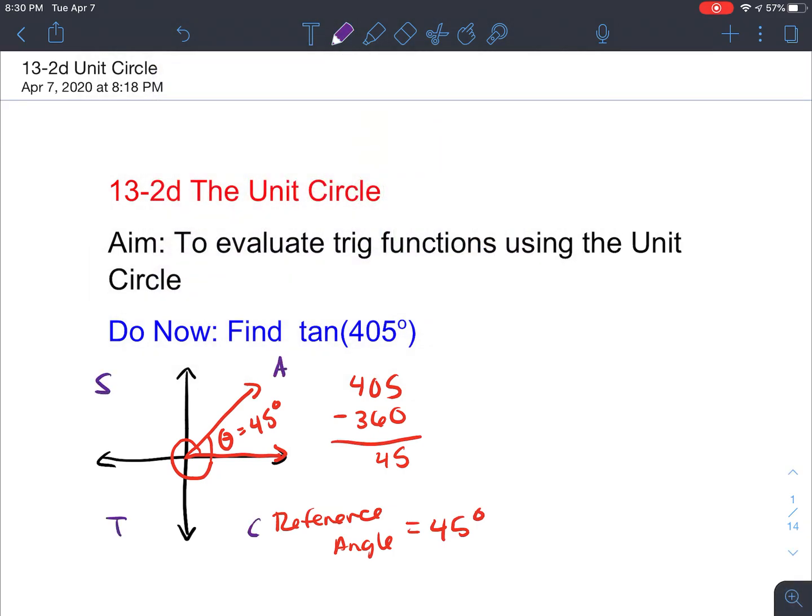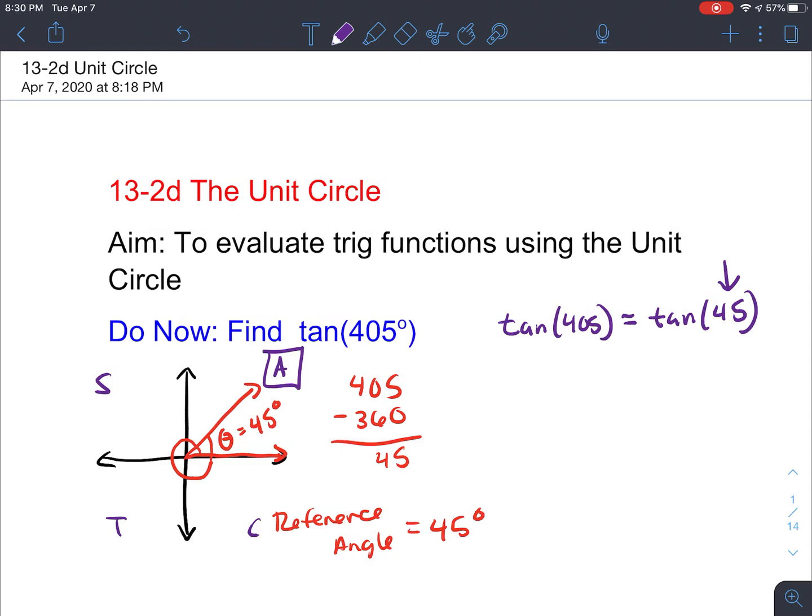So what are our signs? Well, we know all students take calc. We are in quadrant 1 where all trig functions are positive. So that means that the tangent of 405 is going to be equivalent to the positive tangent of 45. So we do not need a negative sign there.